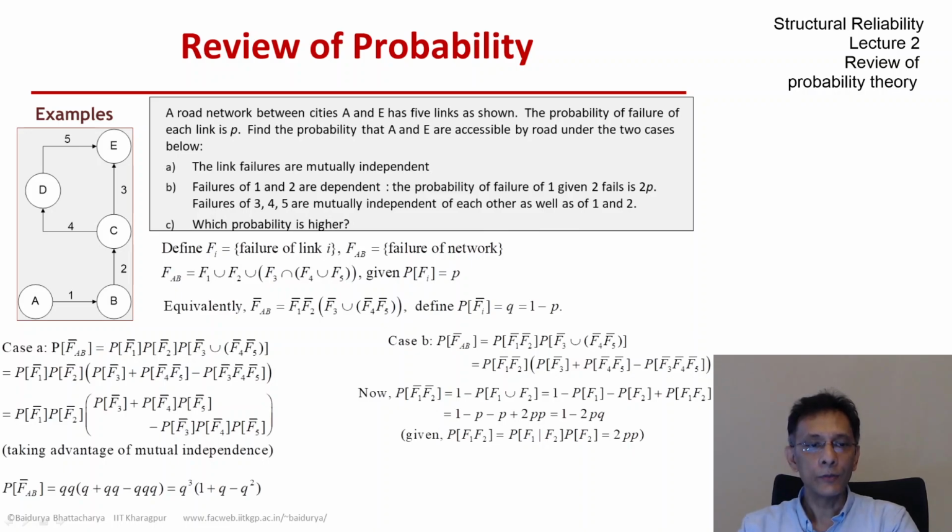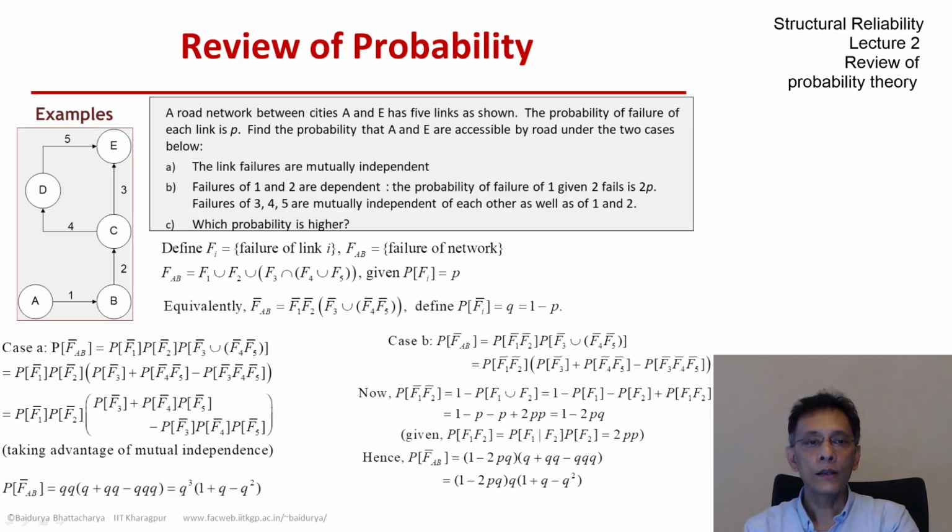So that gives me the probability of F1 bar F2 bar, that both are working, as 1 minus 2pq. And now I can go back to what I did before, and the success probability is now 1 minus 2pq times q plus q squared minus q cubed.